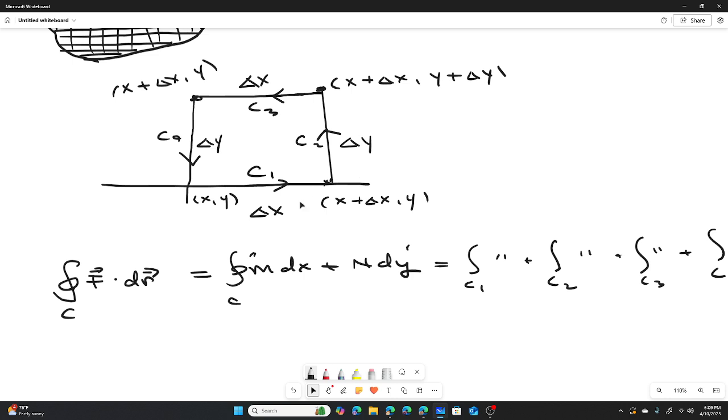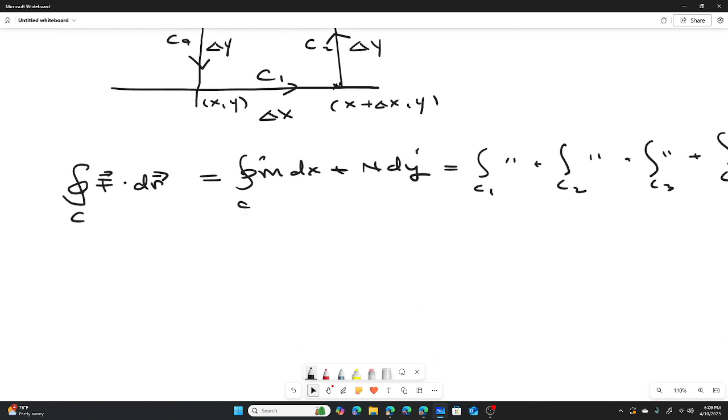So let's focus on C1. Since the only change is in the x direction, we don't have to care about the n part of the vector field. We only have to care about the m part of the vector field, times dx.